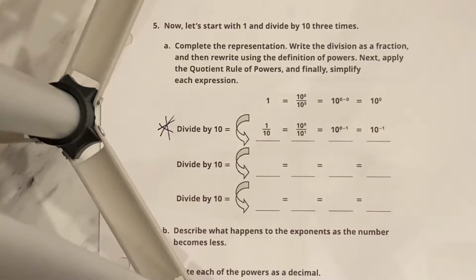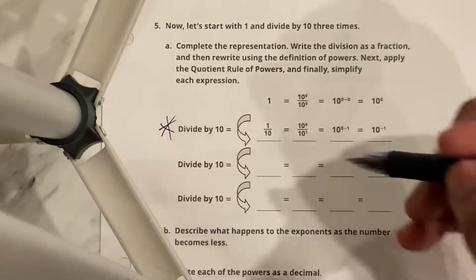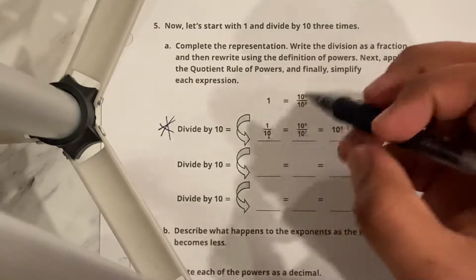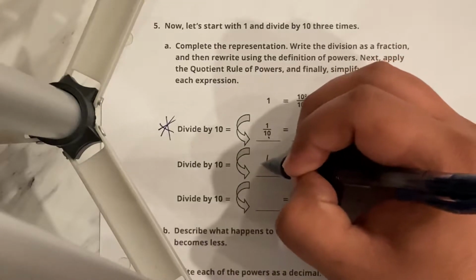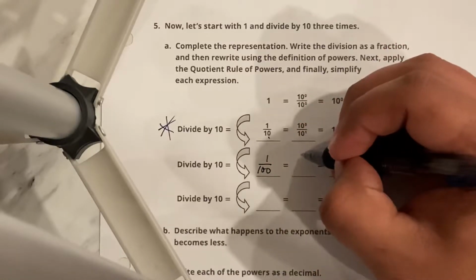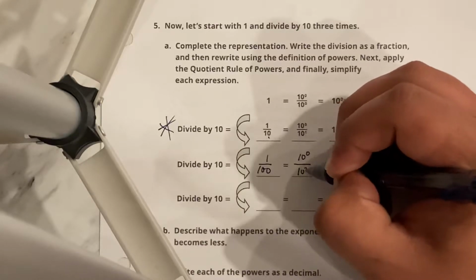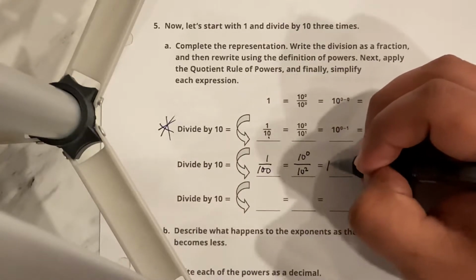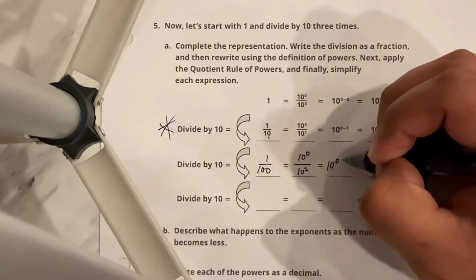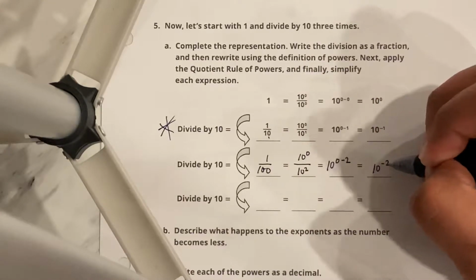What did I just read? Here we go. So if I divide this by 10, I end up getting 1 over 100, which is 10 to the 0 over 10 to the 2. If I do this quotient rule, it's 0 minus 2, which gives me 10 to the negative 2.